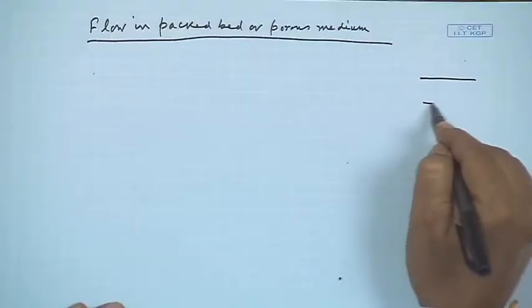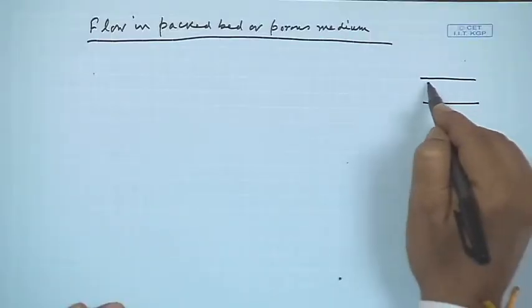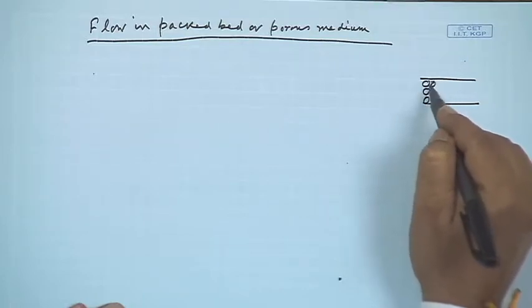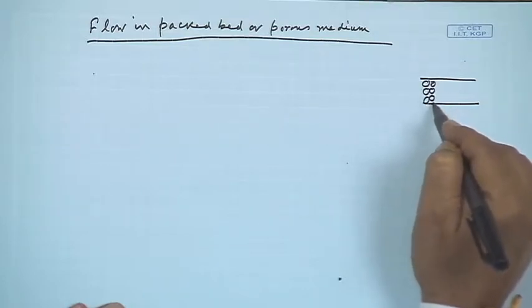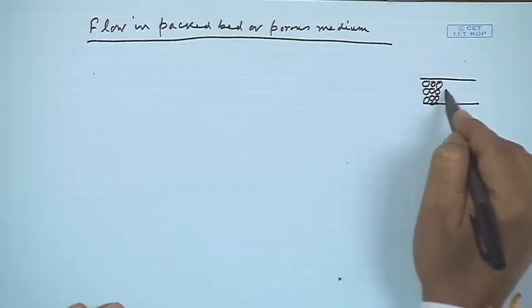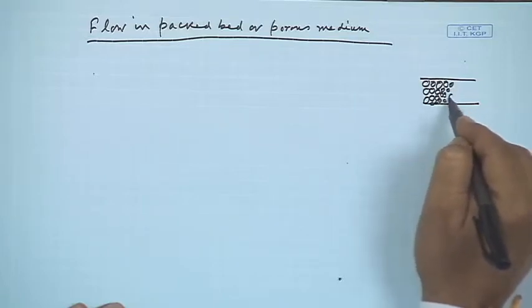Now, what do you understand by packed bed? That is a bed, say this is a pipe which is filled with certain material like this, right. And depending on the size of the material, we call this condition to be under packed condition, right.